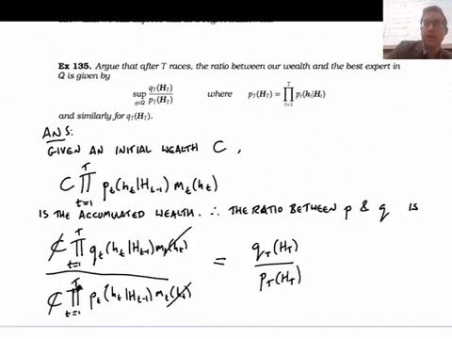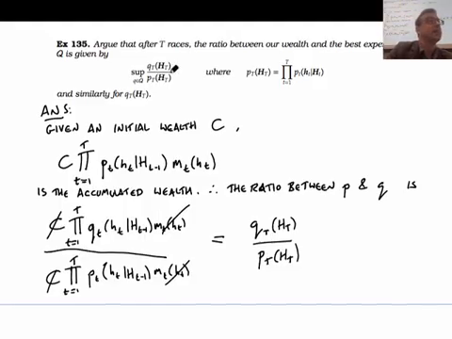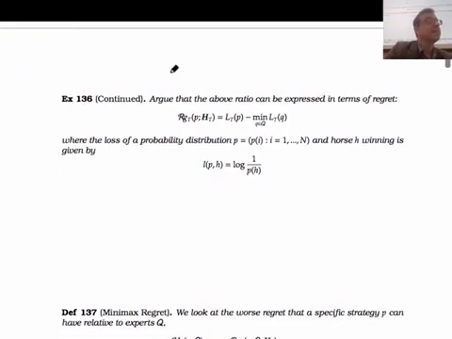So the next part is to say that this can be expressed as, it looks a little bit like a regret. Remember, the regret is the supremum of the winnings of the best person when compared with mine, but usually it's sort of adding and taking away, whereas here we're kind of dividing. So the obvious thing to do in that setting is then to take logs, and then we go from multiplication to addition, and from division to subtraction.